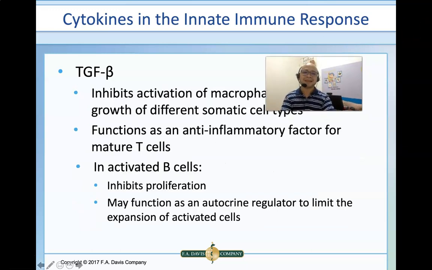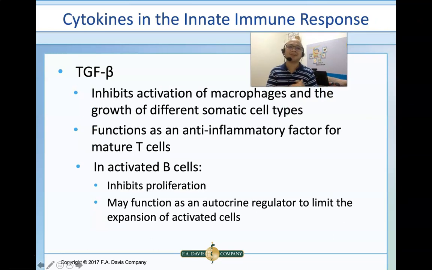So the TGF beta has a regulatory function because it can inhibit activation of macrophages and the growth of different somatic cell types. And having said that, it may also function as an anti-inflammatory factor for many mature T cells. So in activated T cells, it inhibits proliferation. And it may function as an autocrine regulator to limit the expansion of activated cells.